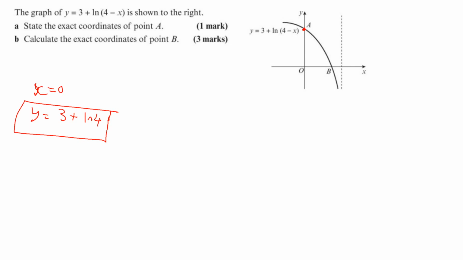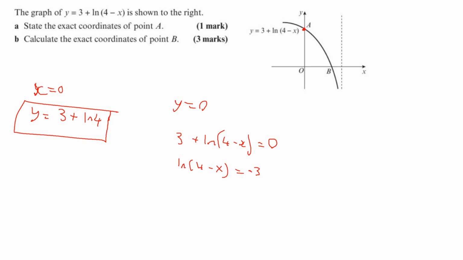Now, calculate the exact coordinates of b. For b, this time, y is equal to 0. So, 3 plus ln of 4 minus x is equal to 0. Which means that we can put the 3 on the other side. So, ln of 4 minus x is equal to minus 3.